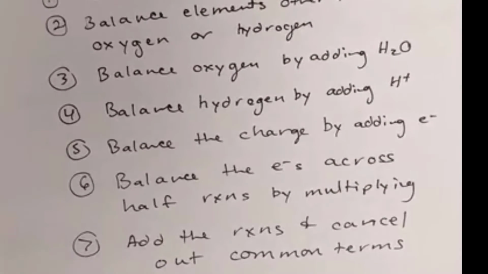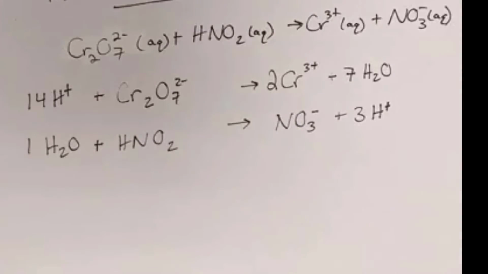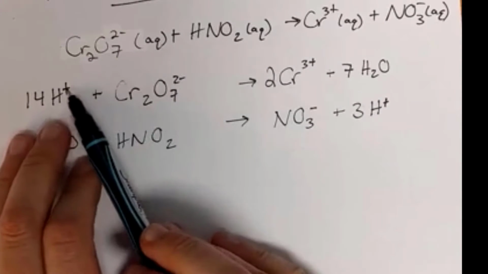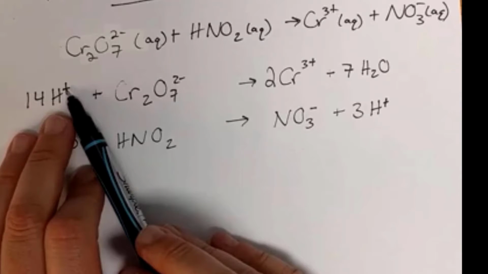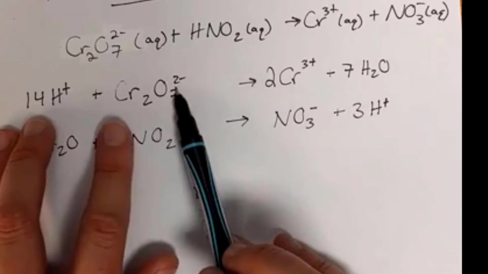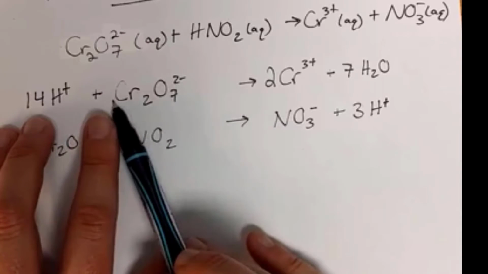Now we're on the next step: balance out the charge by adding electrons as needed. So let me switch to a different color because I want us to remember how we did this. On this side, for instance, we're just going to look at this first half reaction. I have plus 1 of hydrogen times 14, so that's 14 positives, plus negative 2, and there's only one of them.